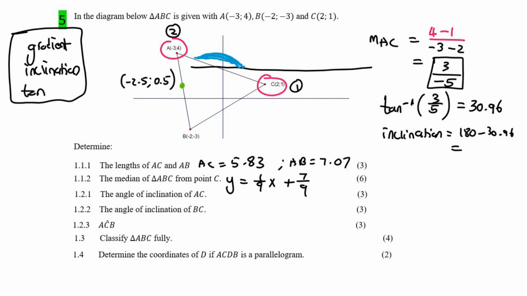And if you calculate that, you're going to get 149.04. I'm not sure where you want to fill that in, but I guess if we put it here for now, we might have to use it in a different way just now. But let's also fill that in over here. Okay, for now that's the answer.